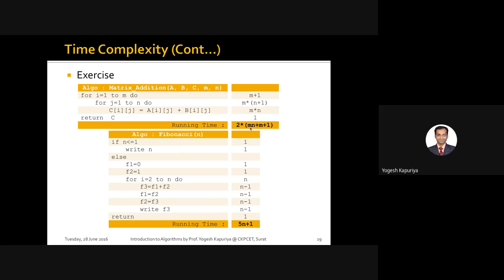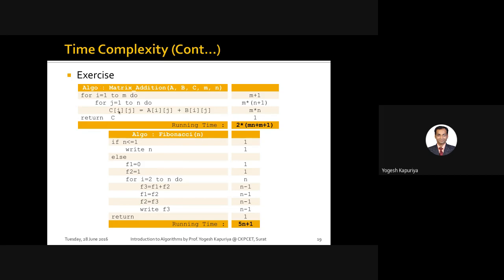It's like x square, m into n, there are two variables. If the sizes of m and n are the same, then you have x square plus x plus 1, something like that. So this particular algorithm's total step count, sorry, I should not say time complexity, is in the form of a quadratic equation. That's one outcome. Now look at, or observe, this algorithm.